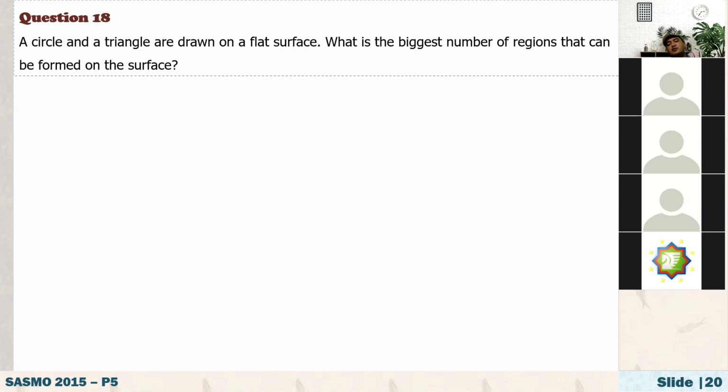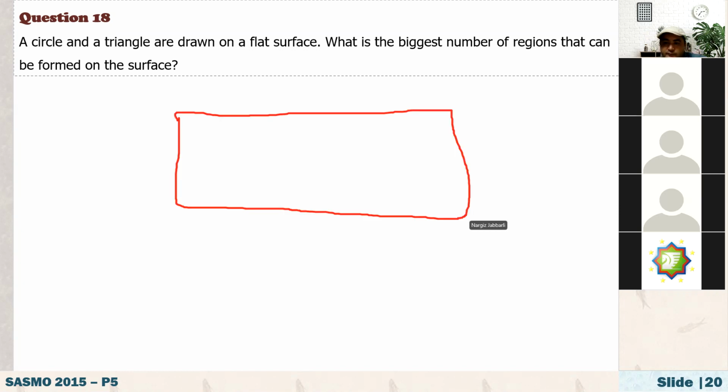Okay, Nargis, can you draw? How can you show the regions? How did you get 11? Okay. Yes, draw it. Let me see. This is a flat surface, circle and triangle.